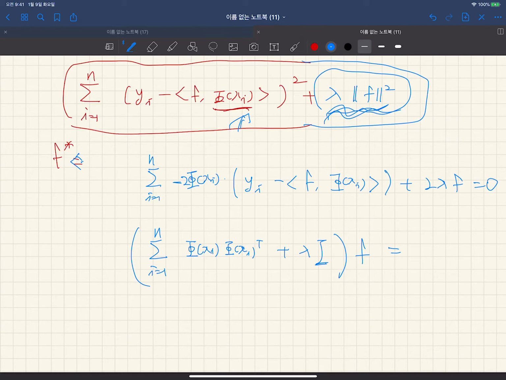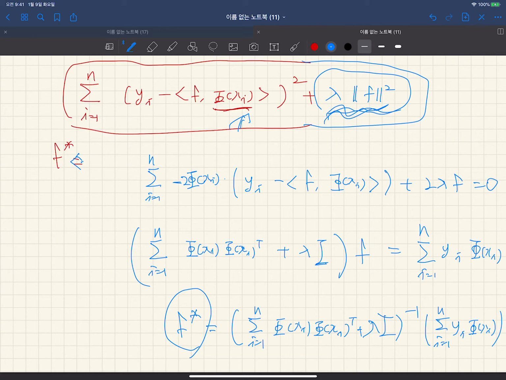So you can find the optimal f star using this form. This is almost the same way we do for ridge regression. As we did for ridge regression, we can find the best f star that optimizes the objective function RSS plus the additional cost function. So this is the optimal f star.